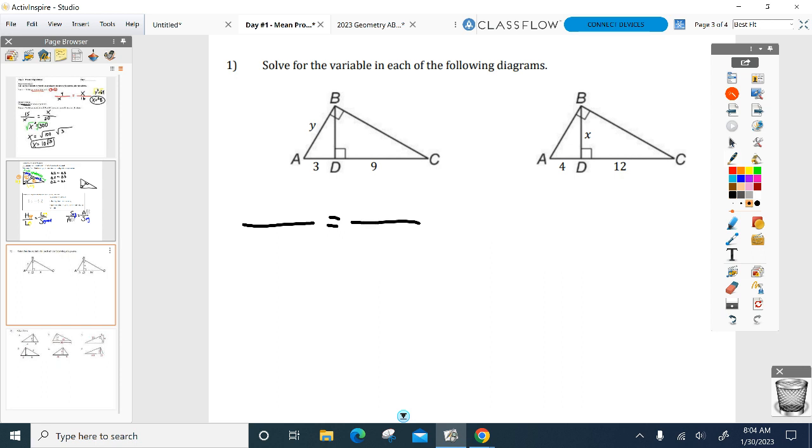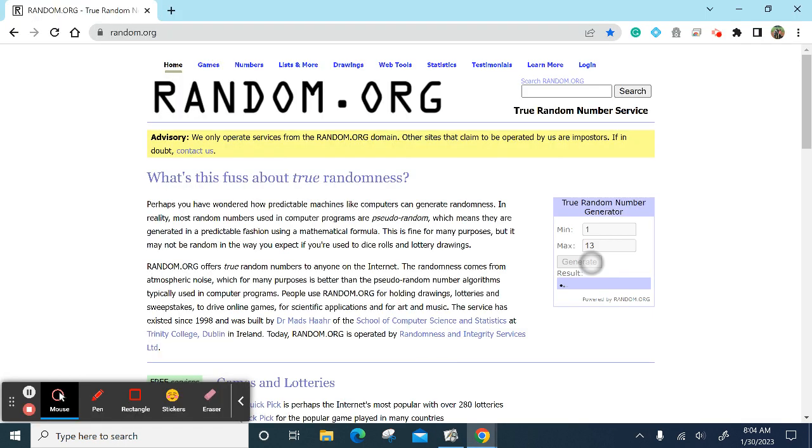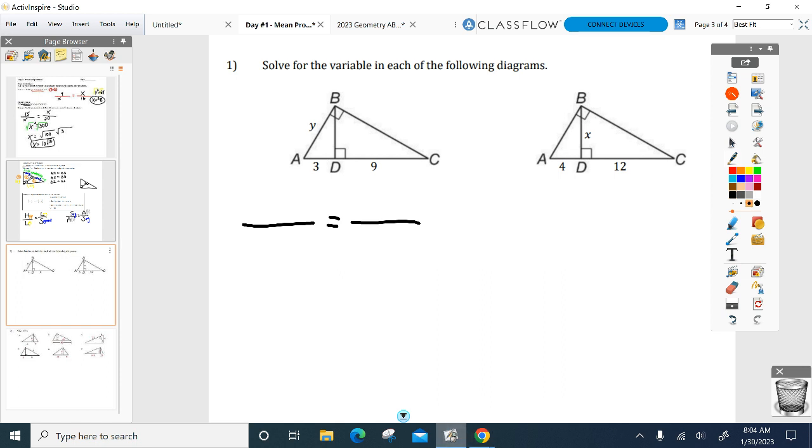Now the big question is, which one do you use? Because you're only going to have enough information for one of the two. Here's the easiest way to figure it out. Name the altitude in this diagram, using letters here. Where's the altitude in this diagram? BD. Is it labeled with a variable or a length?